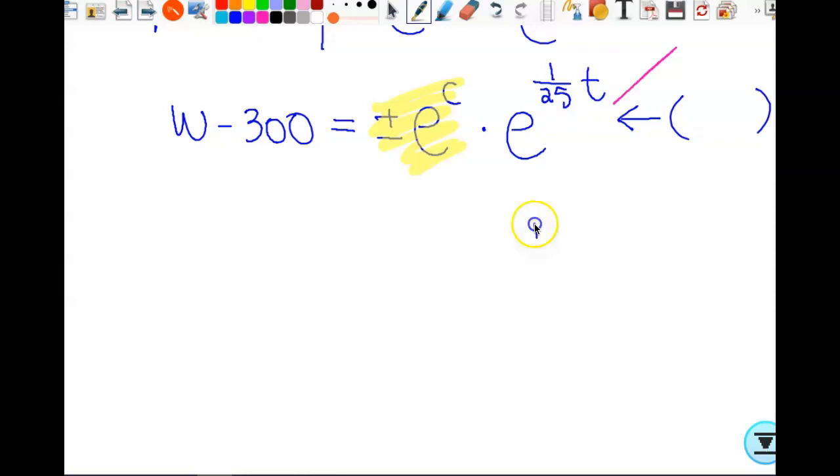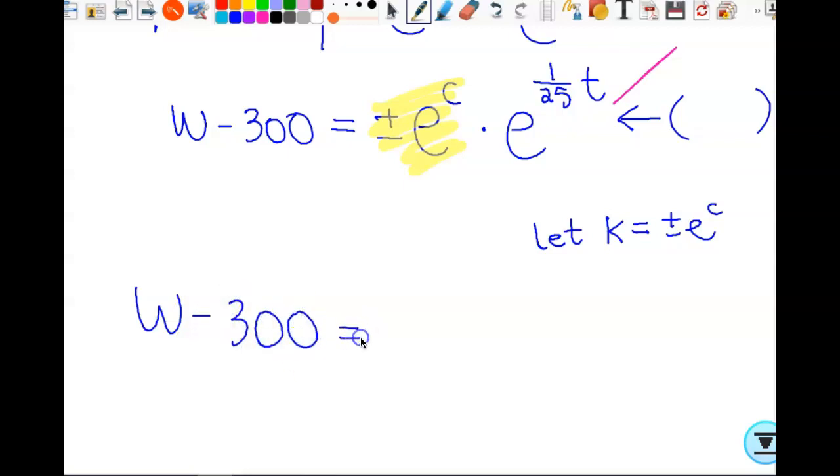A lot of times you'll see, even on rubrics, we can say it's just a constant. So let k equal plus or minus e to the c, and now I can just rewrite this, or use a different placeholder or a capital C. So k times e to the 1/25th t. So yeah, it's still just a constant.